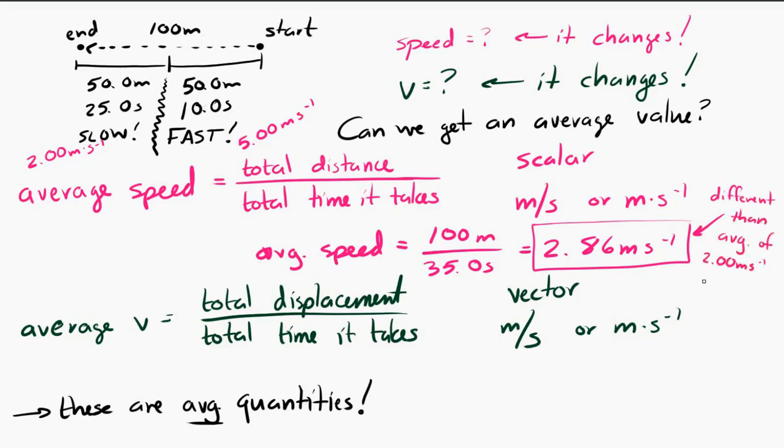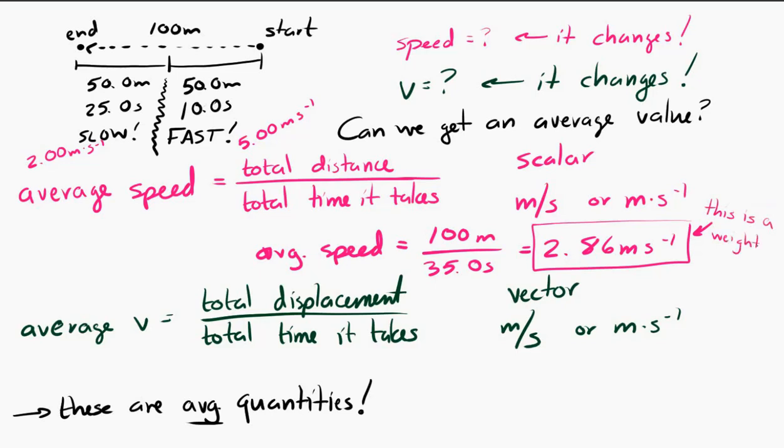And it's even more complicated than it might seem, because if you took the average of 2 meters per second and 5 meters per second, and you just averaged those out, you wouldn't get the average speed. The average of 2 meters per second and 5 meters per second is 3.5 meters per second. And that's not the average speed. So that's a little tricky.